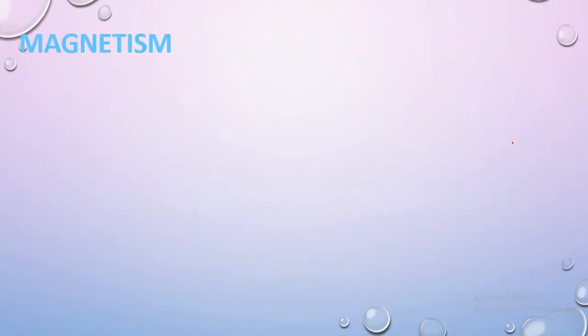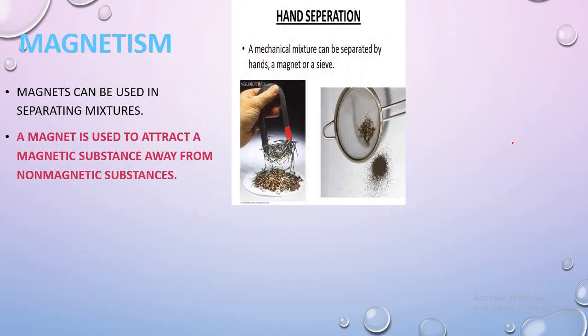The second method is magnetism. A magnet can be used in separating mixtures. So magnetism means using a magnet to separate mixtures. A magnet is used to attract a magnetic substance like iron, iron nails, or a paper clip.